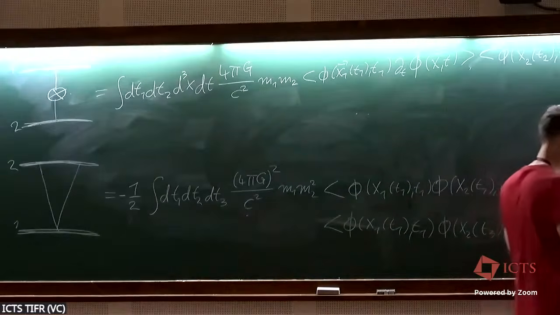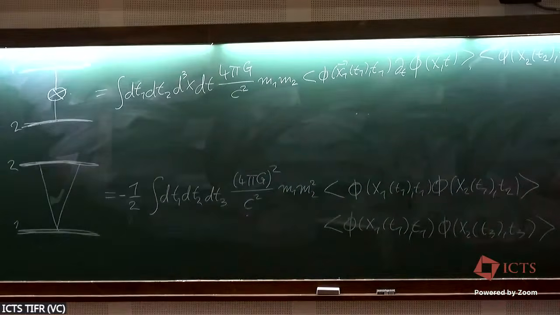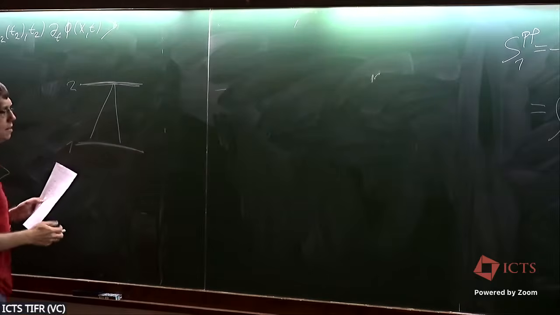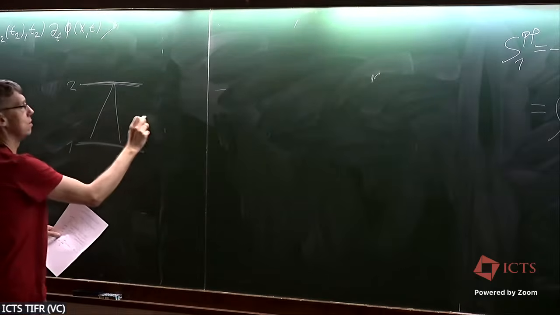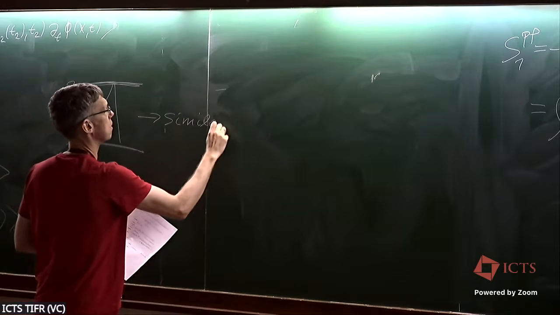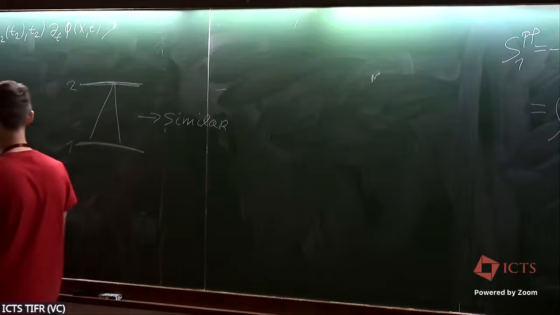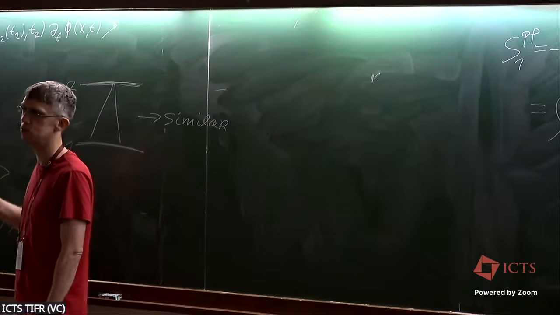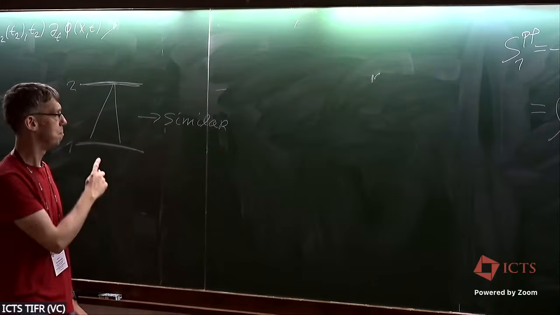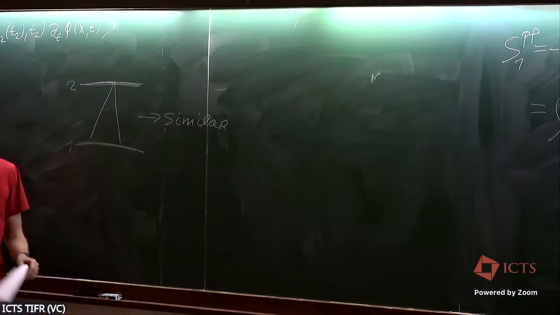So one shouldn't forget to include this diagram also, but you don't need to do any extra calculation for that, right? Because you can just compute this result and then exchange worldlines 1 and 2 in the final result, and it's done. But this guy also will contribute.